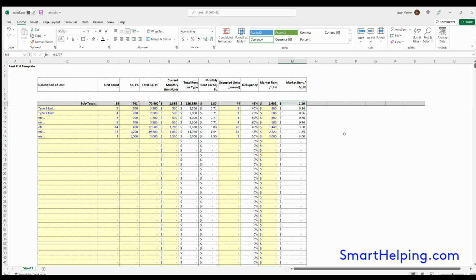So $2.16 for the market. And again, if you multiply that by the total units occupied, times the square feet, we get 152. So in theory, this is saying the market rent per month is 152,000.